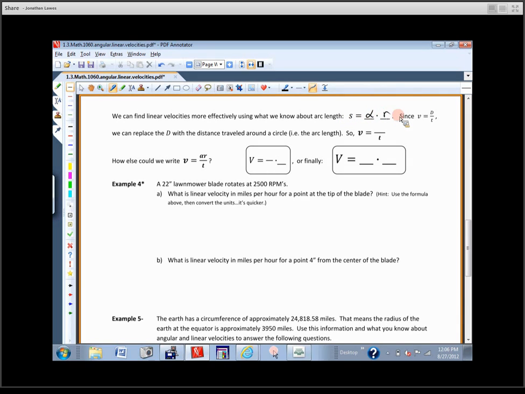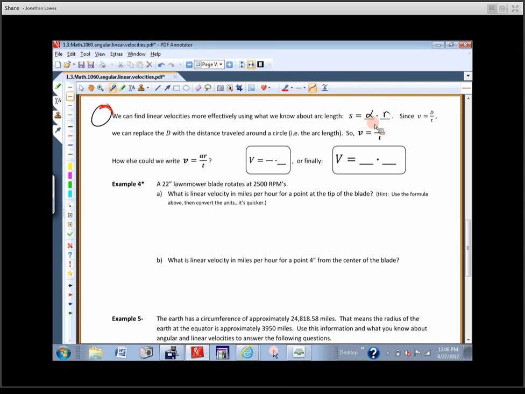Okay? So remember, arc length is just the distance around the outside of the circle, how much you go. So that would be an arc length right there if we went maybe a fourth of the circle. It's just the linear distance around the outside of the circle. Since the velocity, like we showed earlier, would be the distance divided by the time, we could replace the distance with this formula that tells us the distance around the outside of a circle.